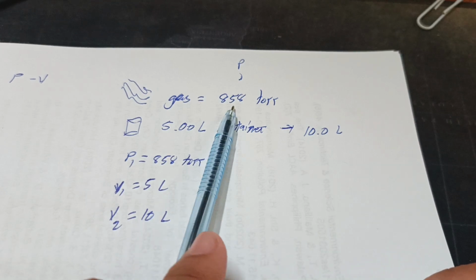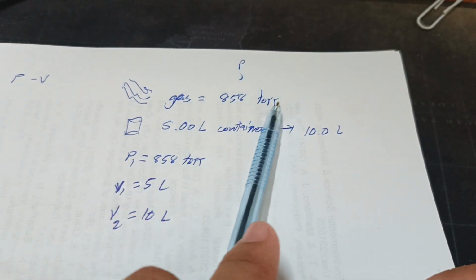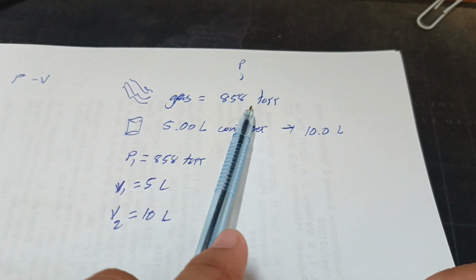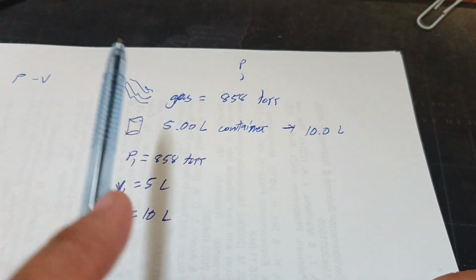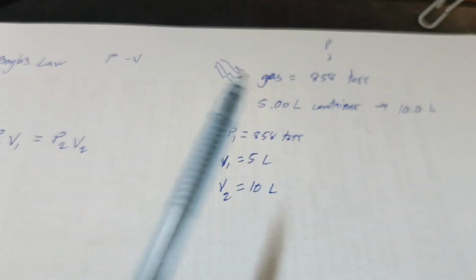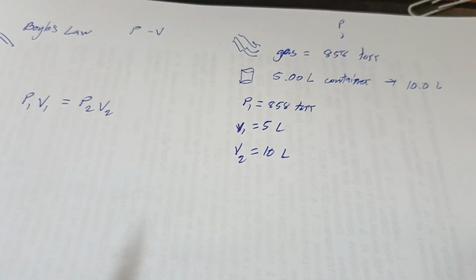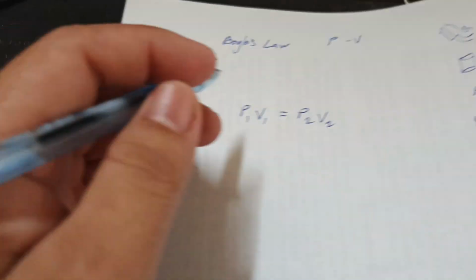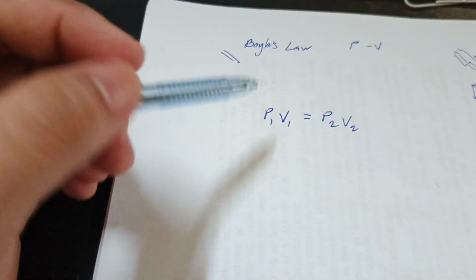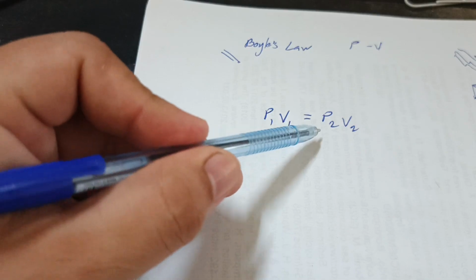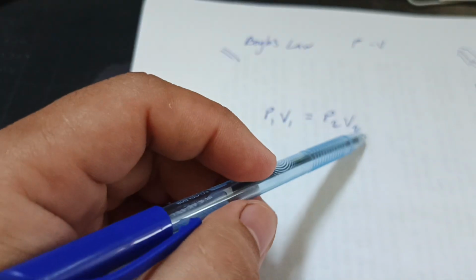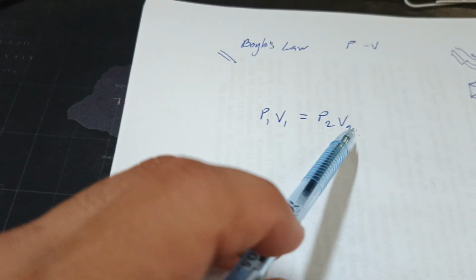So take note that we also have the initial pressure because we'll be dealing with the pressure. And with that, we can apply Boyle's law. All you have to do is get to our equation. P sub 1 V sub 1 equals P sub 2 times V sub 2. So what we're dealing with here is we need to find the final pressure.